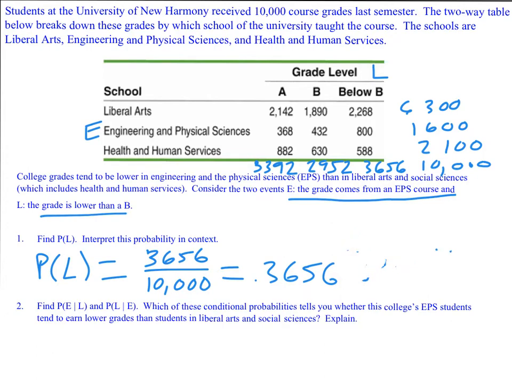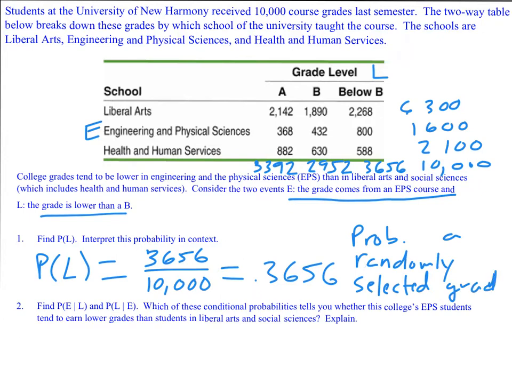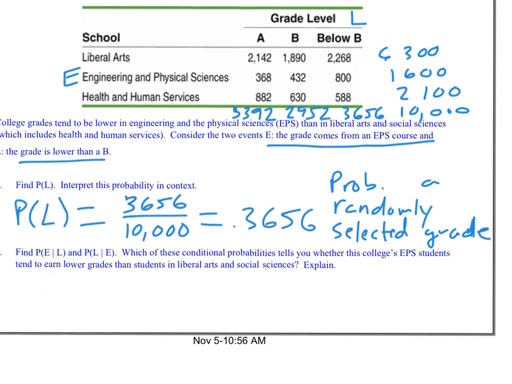So I'm just going to say that instead of selecting a student, the probability that a randomly selected grade is lower than a B. Running out of room.